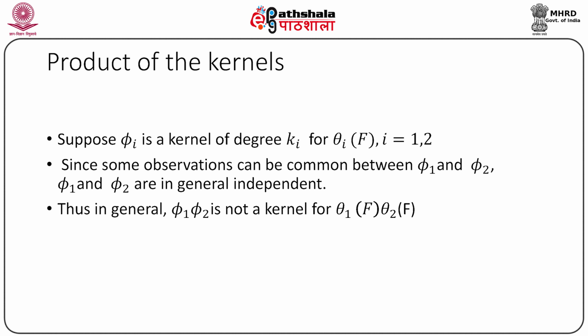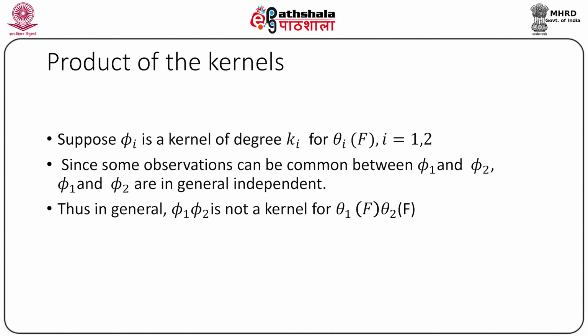Now consider the product of kernels. In parametric inference, the product of two unbiased estimators is not unbiased for the product of parametric functions unless the estimators are independent. The same can also be seen in non-parametric inference. So we consider kernels phi1 and phi2 of degree k1 and k2.